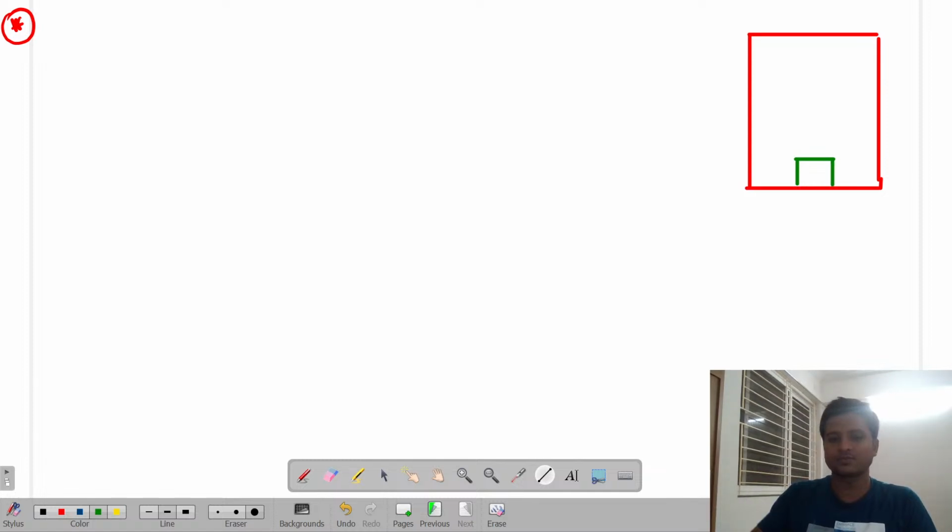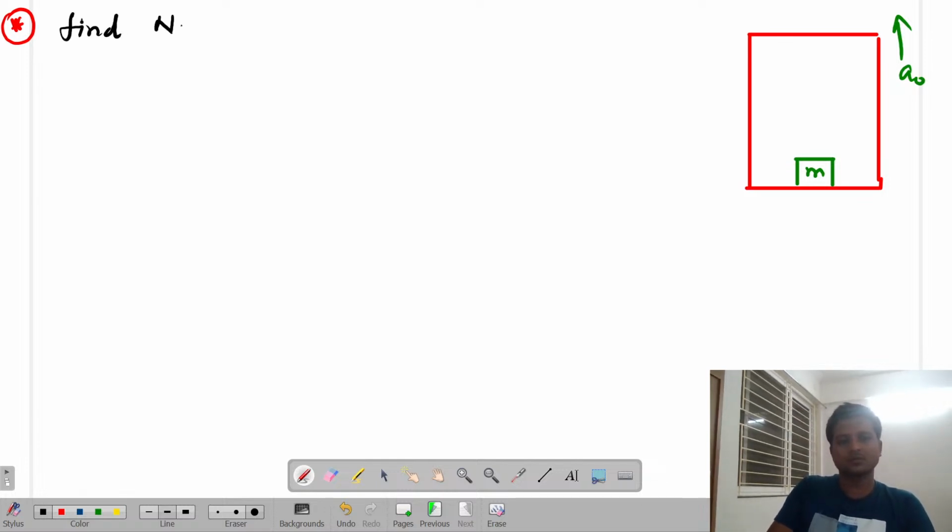But this time this lift is going up with an acceleration a naught. Then find the direction of normal and the value of normal. This is easy, isn't it? And after completing this question, I'll ask one thing. G plus a naught, correct?